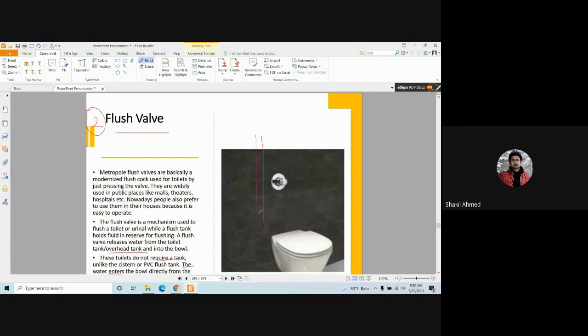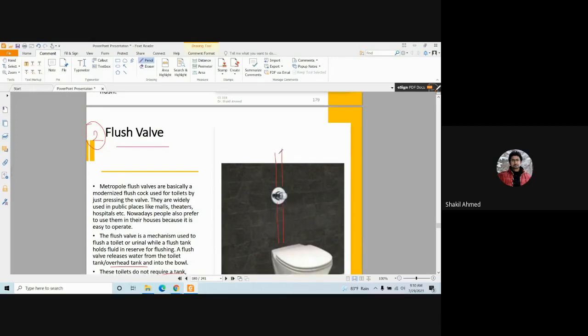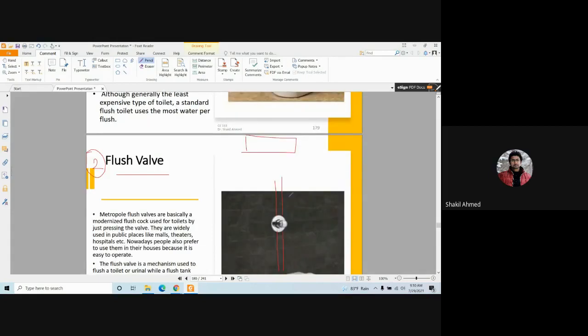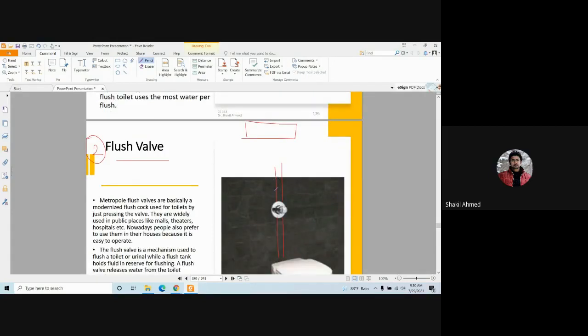Now, here, you have the piping here. And where does it come from? It comes from, for example, the overhead water tank in the rooftop. You have a tank, right? Water tank. And the water comes from there.